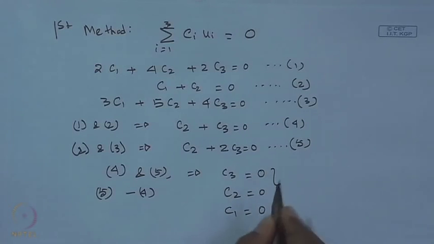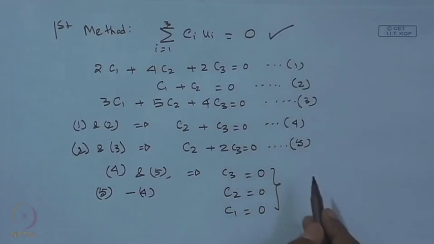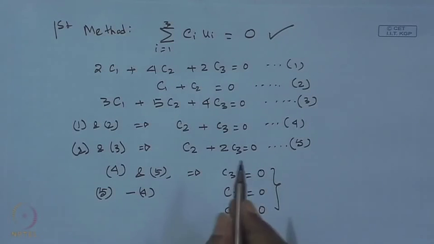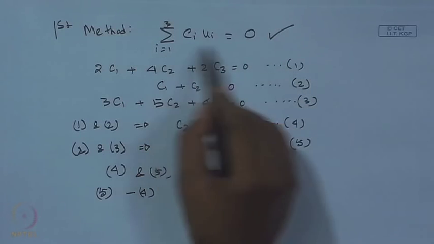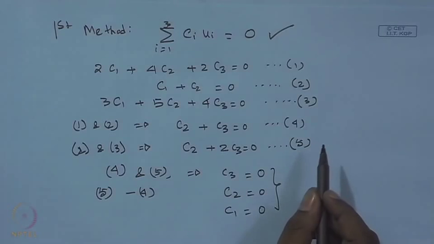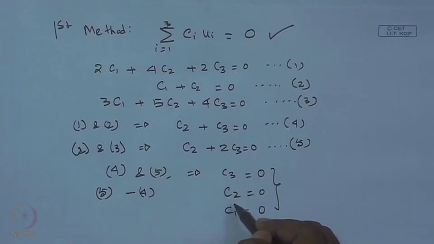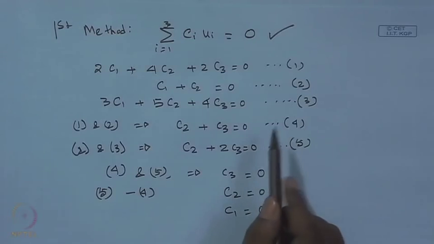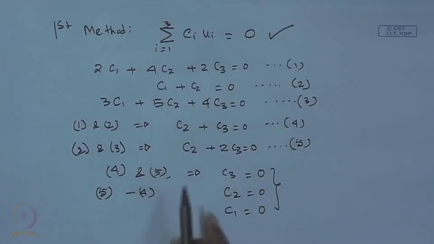So, in this case, in order to satisfy this equation, all the individual coefficients have to be equal to 0. Therefore, we get a unique solution for this particular case. There does not exist an infinite number of solutions in this case. All the scalar multipliers will be equal to 0 in order to satisfy this equation.